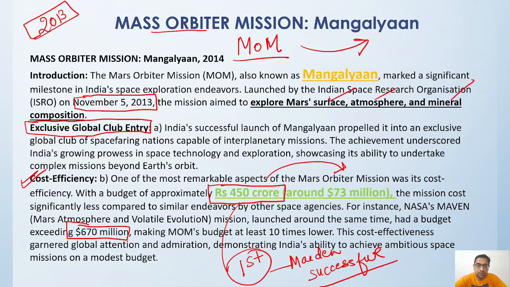People say that we sent the spacecraft to Mars at a cost less than an auto fare, that is rupees 7 per kilometer, which is much below the price of an auto in our country for traveling 1 kilometer.